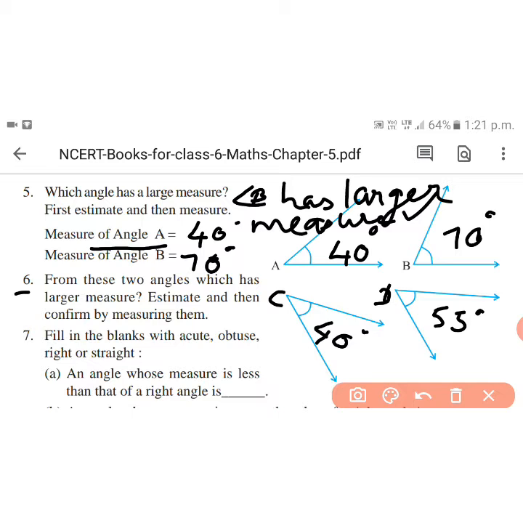So which angle is larger? Angle D is larger. So the answer is angle D is larger measure.